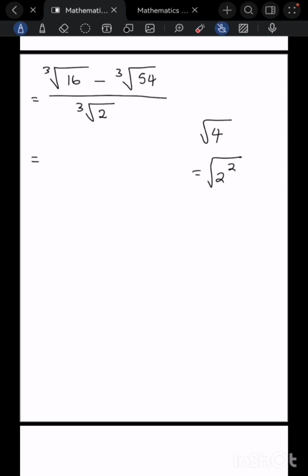It just means these two cancel. So a cube root is the one where there is a 3 here. A square root is the one where, even though they didn't write the 2, there is a 2 here in the square root.